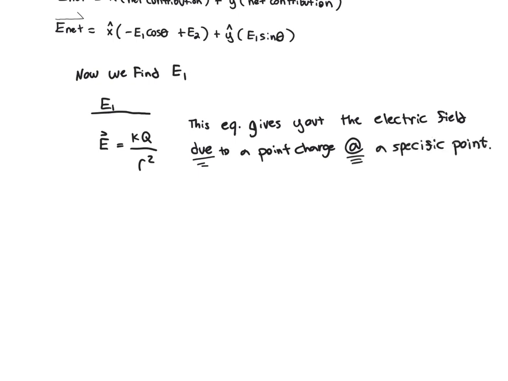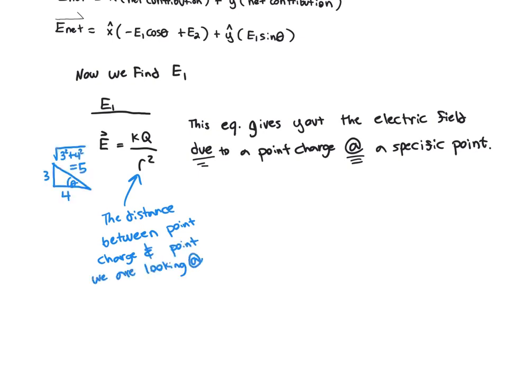To find E1, we're going to be looking at this equation here, which is expressing the electric field due to a point charge at a specific point. In this equation, our r is the distance from the point charge to the point at which you're analyzing to find the E field. In our case it's going to be 5, which we found by figuring out the hypotenuse of the triangle.